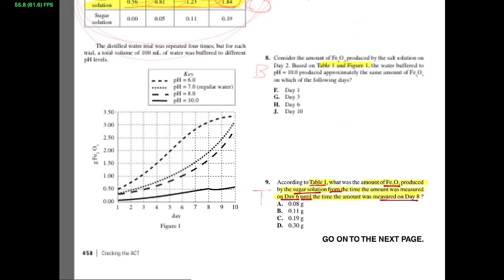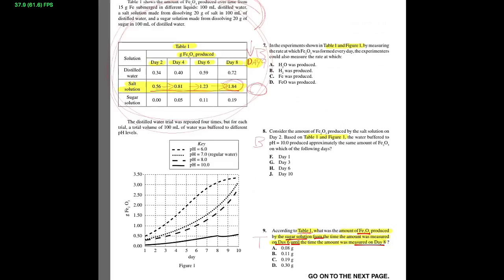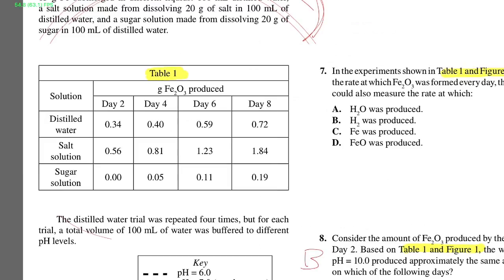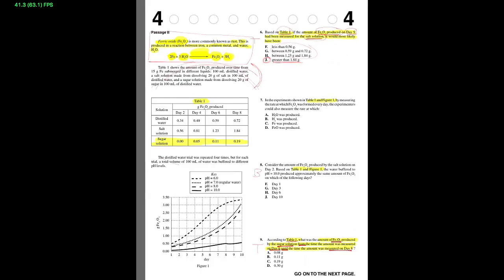So I'm going to go to table 1, find sugar solution. So let me erase some of this stuff. Okay. So now I am back to table 1. This time I'm looking at sugar solution, and I think they asked day 6 until day 8.